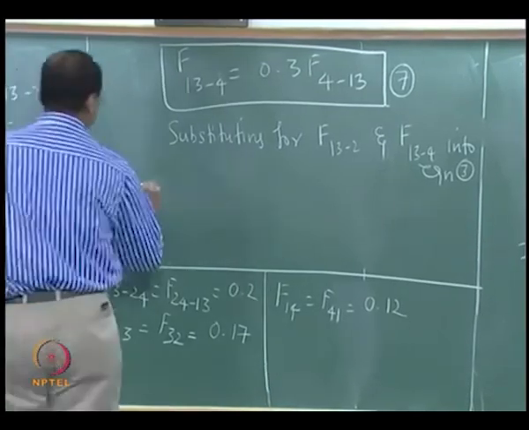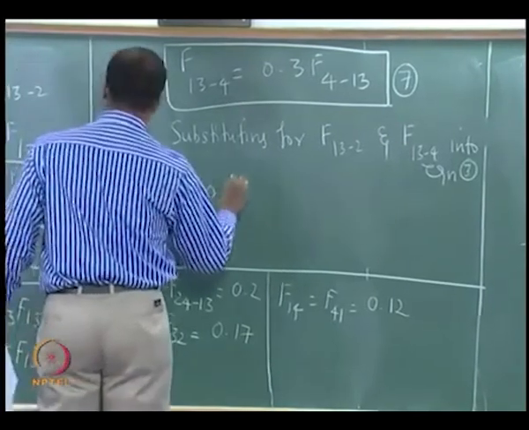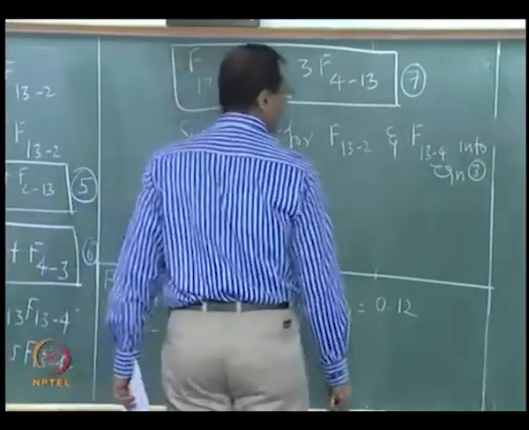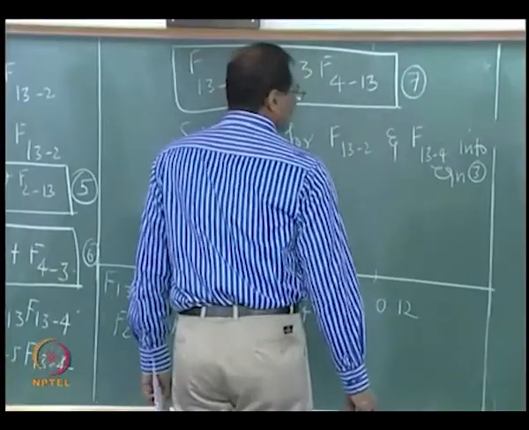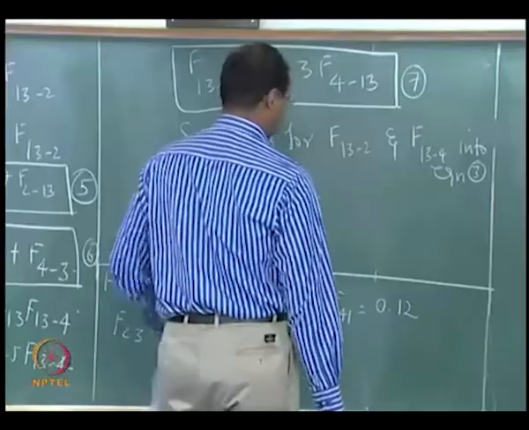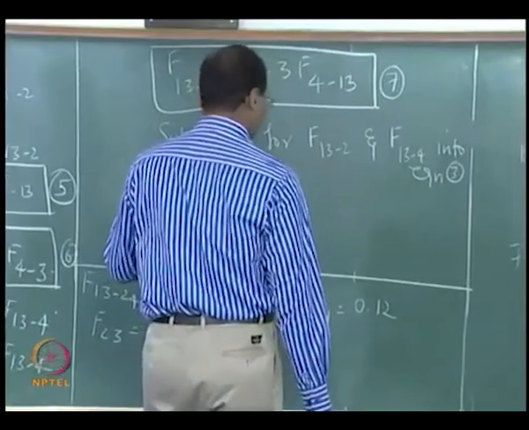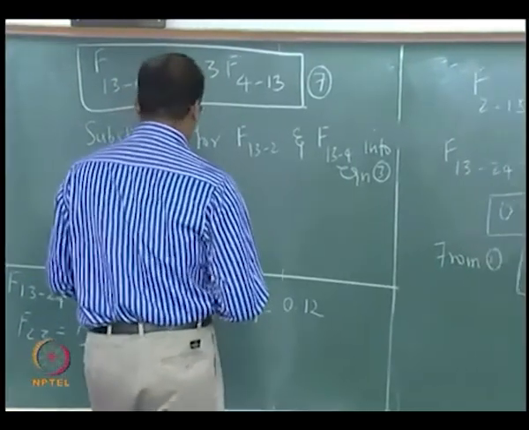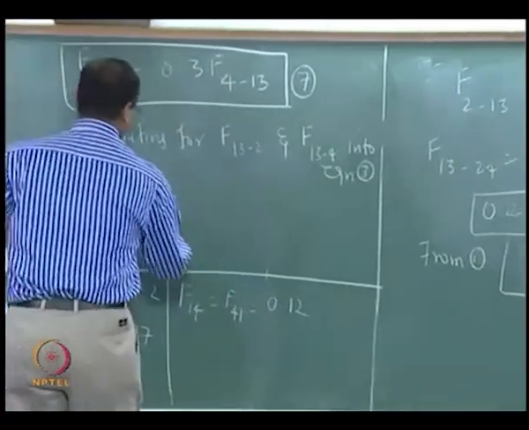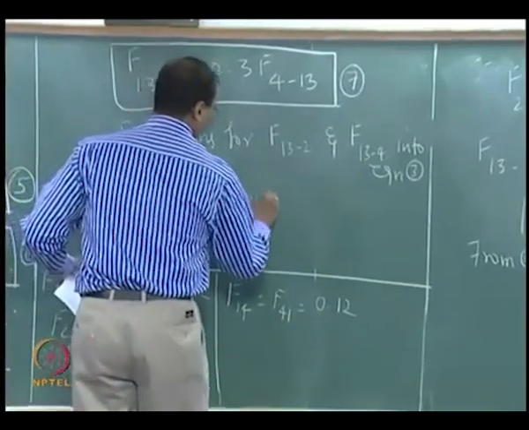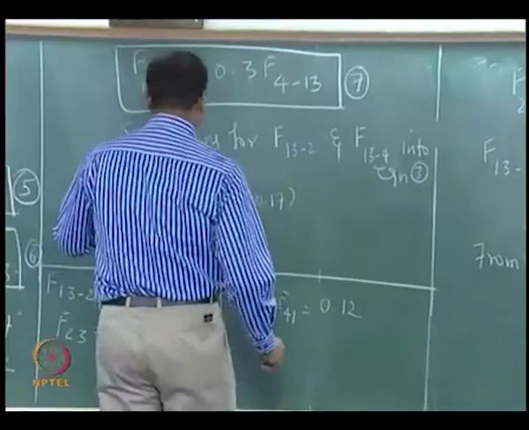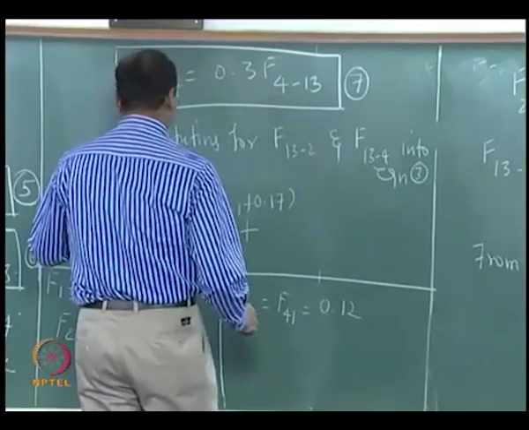So 0.2 equal to 0.7, plus, what did I do?